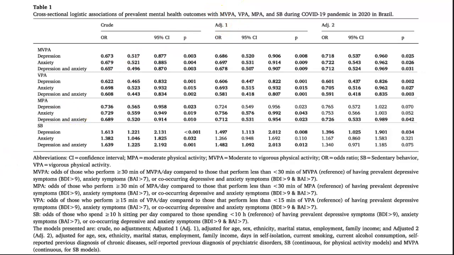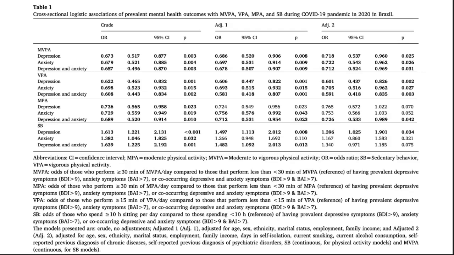To figure out what variables have been included or adjusted for, you would need to go down to the footnote section of the paper to see what exactly they controlled for. You can see here there's a statement that says the models presented are crude, no adjustments, and then you can see adjustment 1, adjusted for age, sex, ethnicity, marital status, employment, family income.